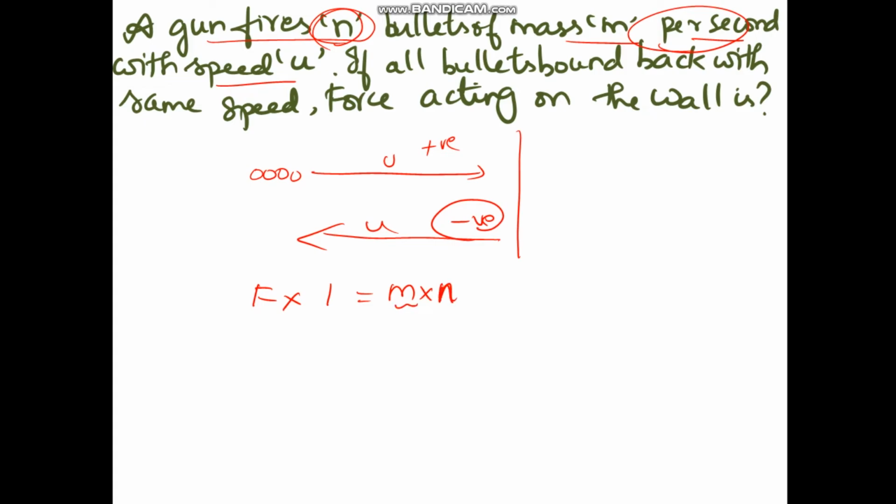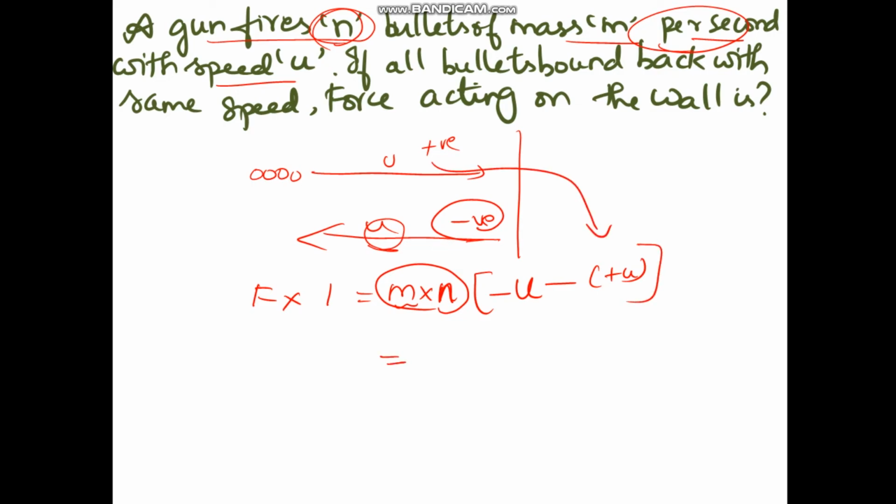For 1 bullet the mass is m, for n bullets the mass is nm, into (v minus u). Final velocity is u, but it is in the negative direction, so I am writing minus u, minus initial velocity which is plus u, since it is in the positive direction. The answer comes to be 2nmu, or minus 2nmu. So this is the force acting on the wall.